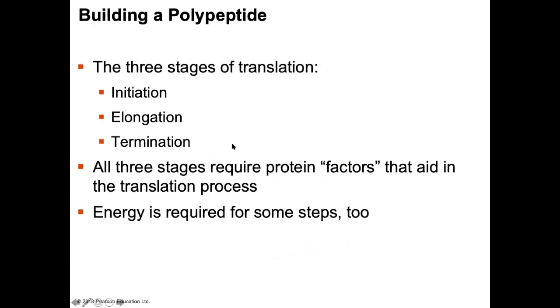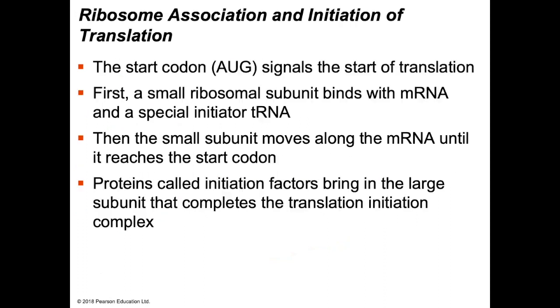Okay, and in building the polypeptide, or in translation, we also have three stages: the initiation, elongation, and termination. All three stages require protein factors that aid in the translation process. And aside from that, energy is also required for some steps.